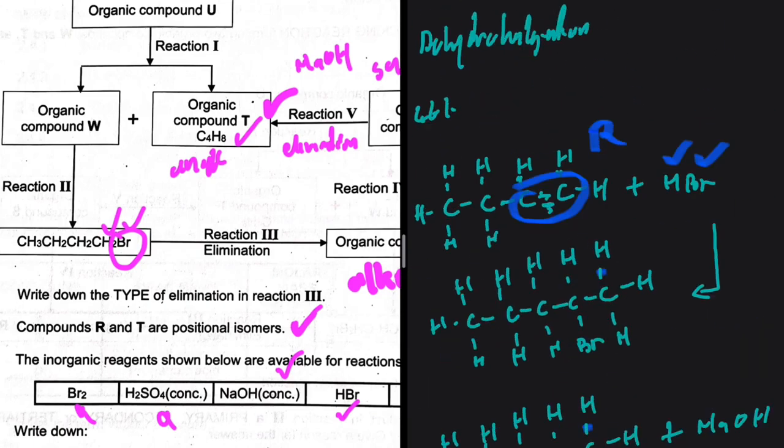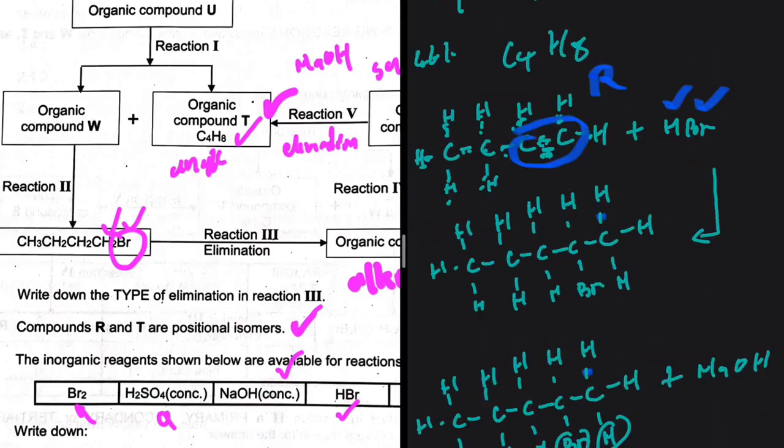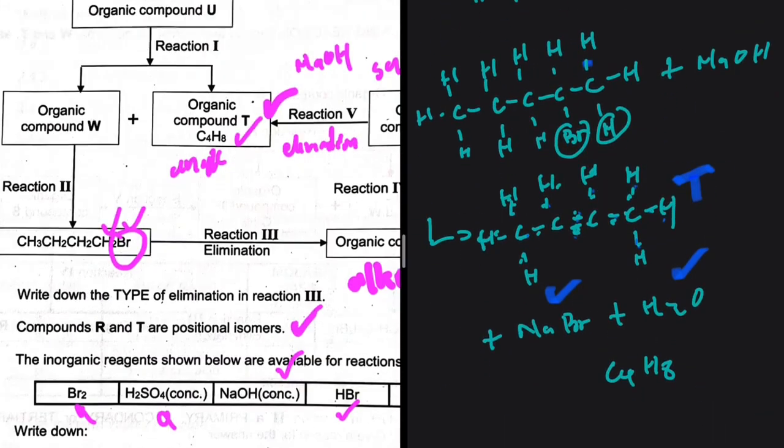Okay, I'm happy with that. And for the other compound, the molecular formula is also C4H8. Right, with the same molecular formula but different structural formulas. So I'm happy with that.